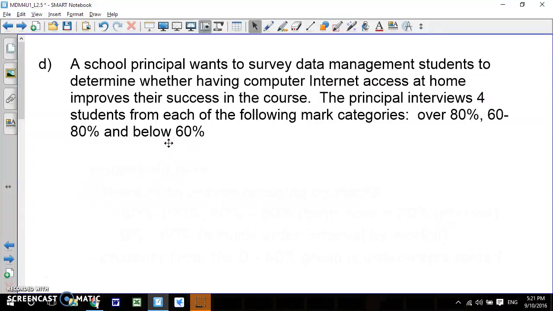So that means that the group, and only 4 students are surveyed from each group, meaning that this is not stratified sampling. And so the students that fall into the mark category below 60% are definitely underrepresented in this survey.